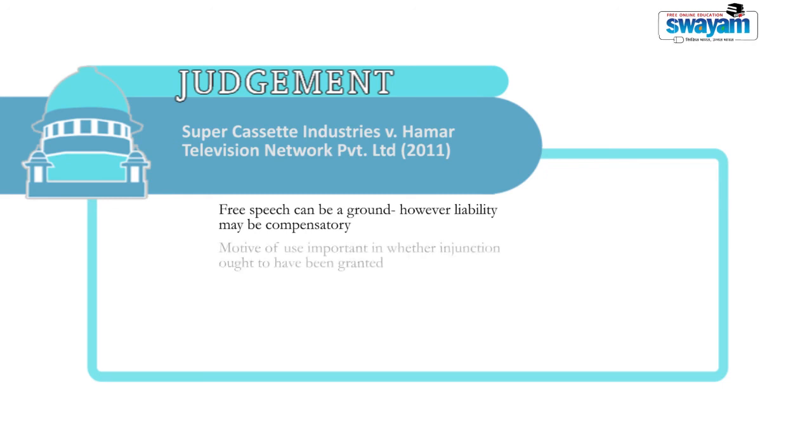Furthermore, the motive of the use is important in deciding whether an injunction ought to be granted or not. It means if the motive is way beyond the usual case of commercial nature, if there is some higher norm that is important as a matter of public policy, then it must be allowed.